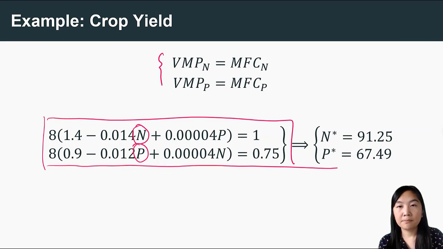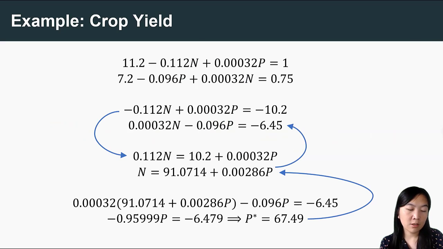I have the detailed steps to solve for those two input use levels in the next slide, but I'm not going to go over them here. If you're having difficulty solving for those two levels, you should go through the process listed in that slide.